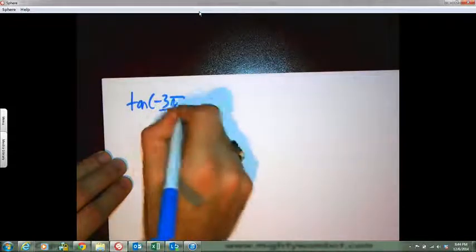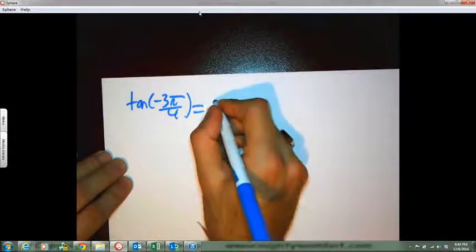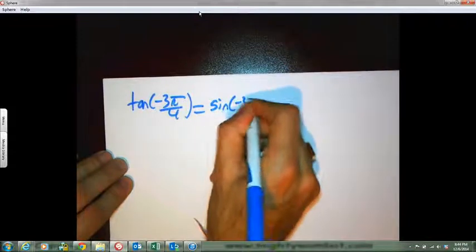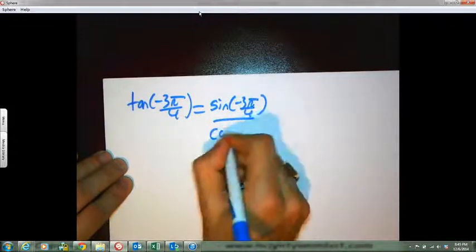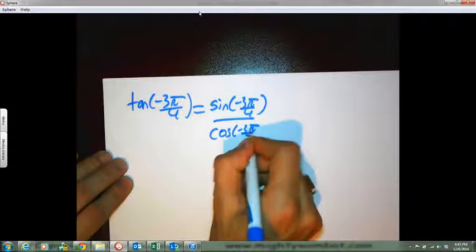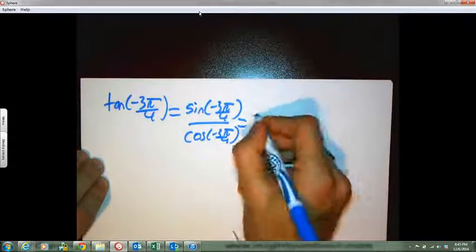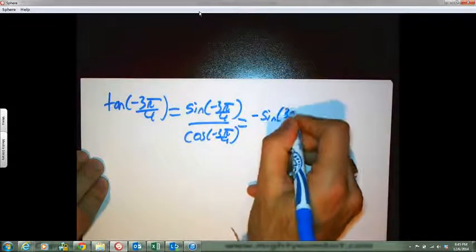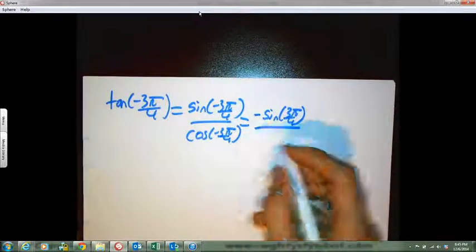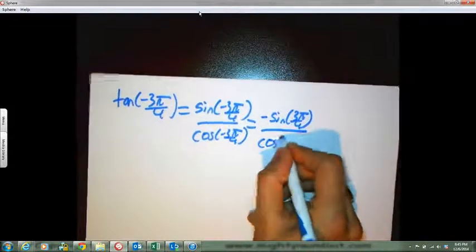Sine negative 3 pi over 4 is negative sine of regular 3 pi over 4. Cosine of negative 3 pi over 4 is just cosine of regular 3 pi over 4. Remember your even and odd properties. Sine of 3 pi over 4 is root 2 over 2, so with the negative it is negative root 2 over 2, divided by cosine of 3 pi over 4, which is negative root 2 over 2. So this equals 1. So the tangent of negative 3 pi over 4 is 1.